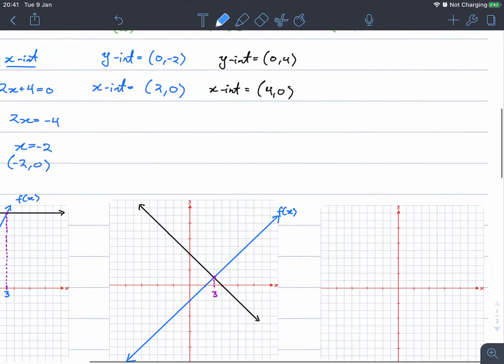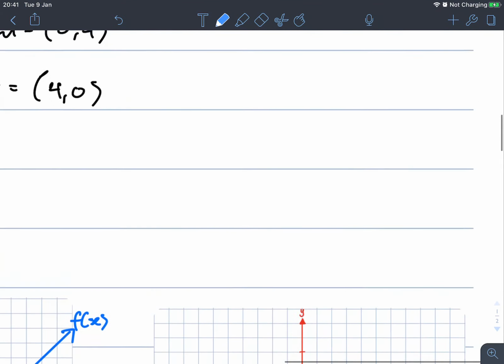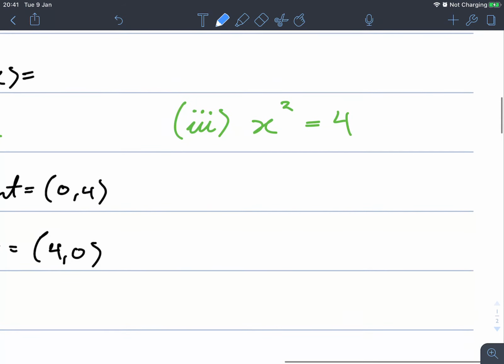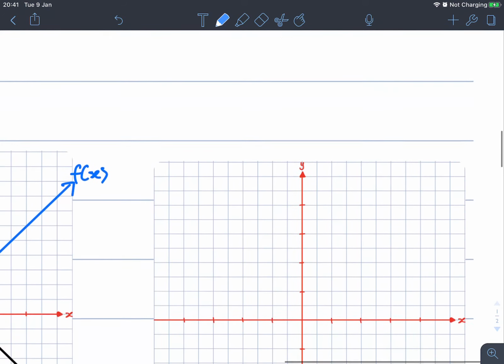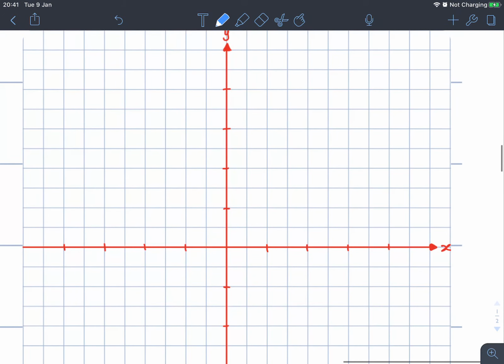Let's do this one more time. For this, here we have a parabola. It's the most basic parabola that we know. So let's graph that. It's going to be at 0, 1, 2, 4 like this, and then 3, 9.